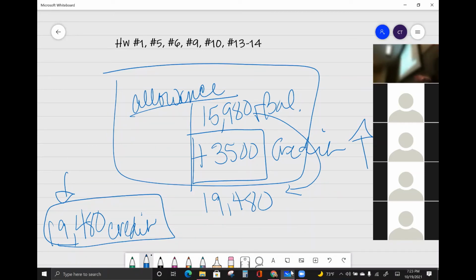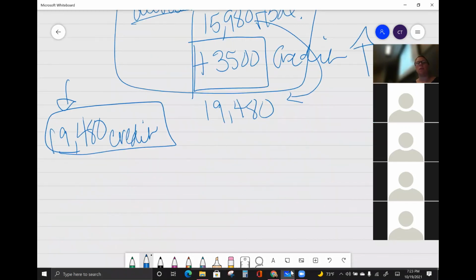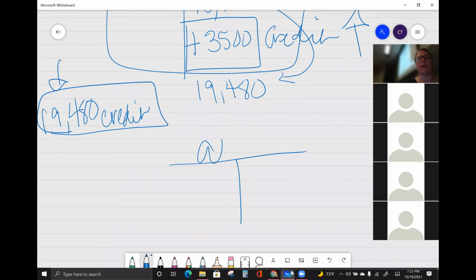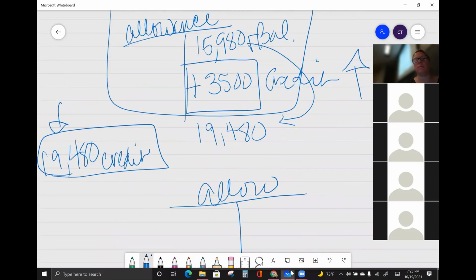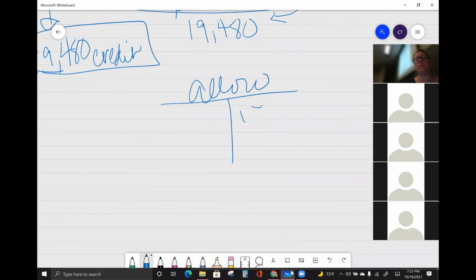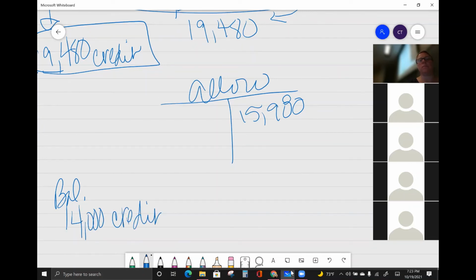Let's say I calculated everything out. So let's say my allowance had 15,980, and I want my balance to be 14,000 credit. So here's my credit balance right now, 15,980.